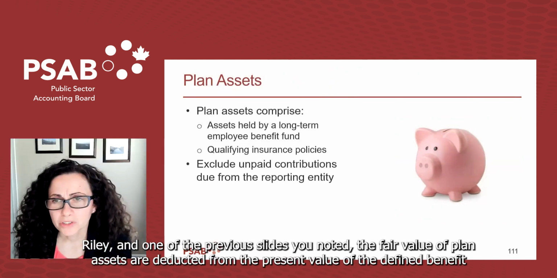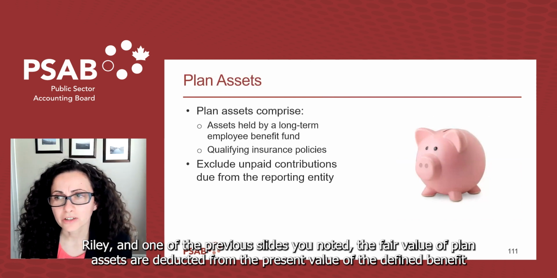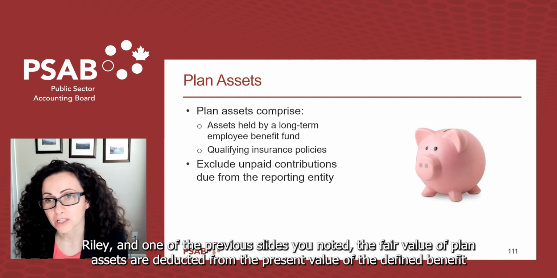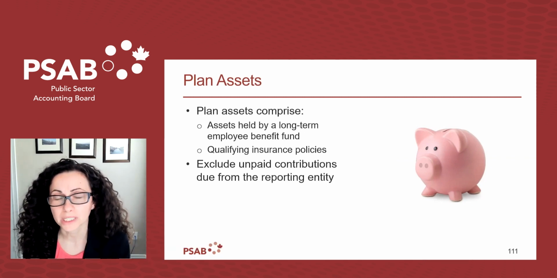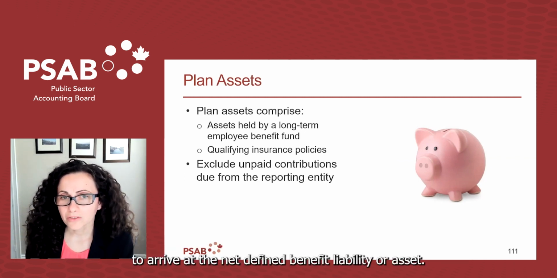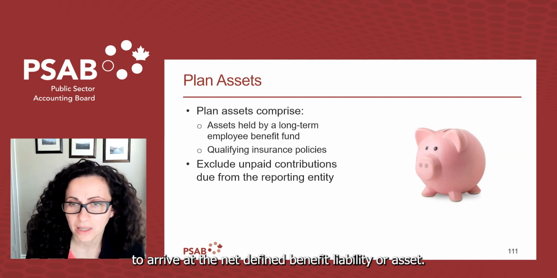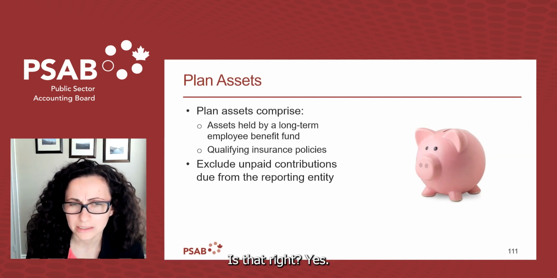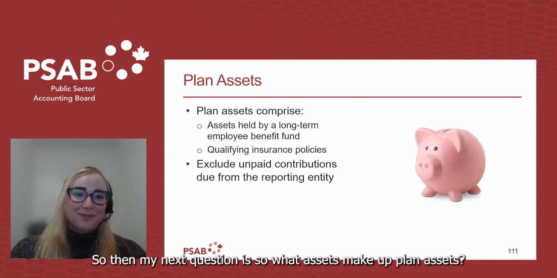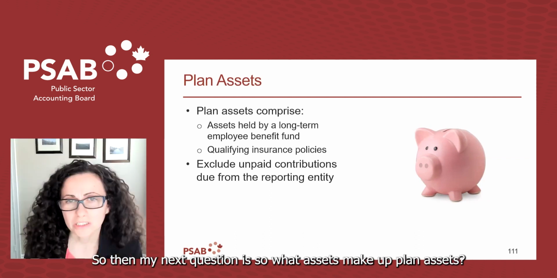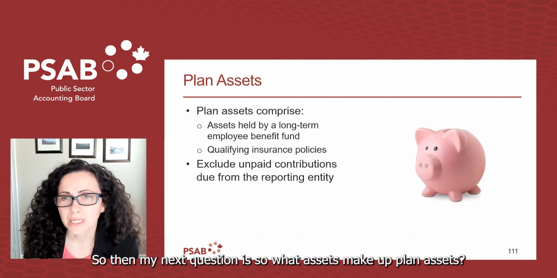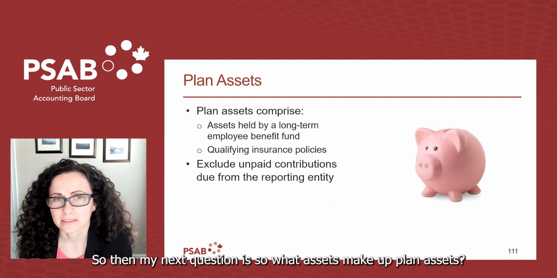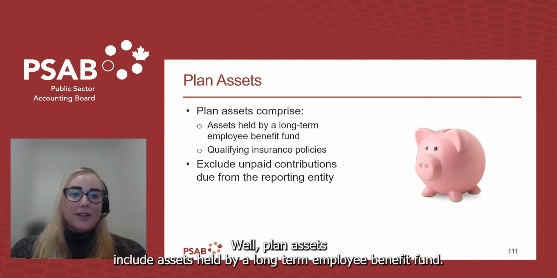Riley, in one of the previous slides, you noted that fair value of plan assets are deducted from the present value of the defined benefit obligation to arrive at the net defined benefit liability or asset. Is that right? Yes. So then my next question is, what assets make up plan assets? Well, plan assets include assets held by a long-term employee benefit fund.